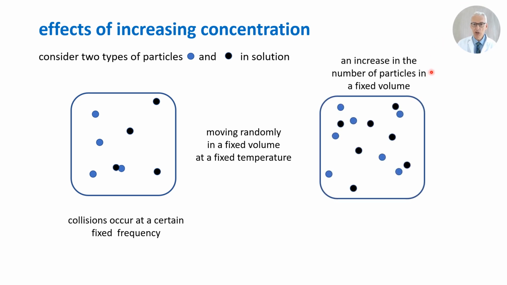If you increase the number of particles in this fixed volume, so if you compare my left diagram to my right diagram, I've got more particles, more blue particles and more black particles. Well, there's an increase in the collision frequency. That is, there are more collisions per second, given that the particles are moving randomly.